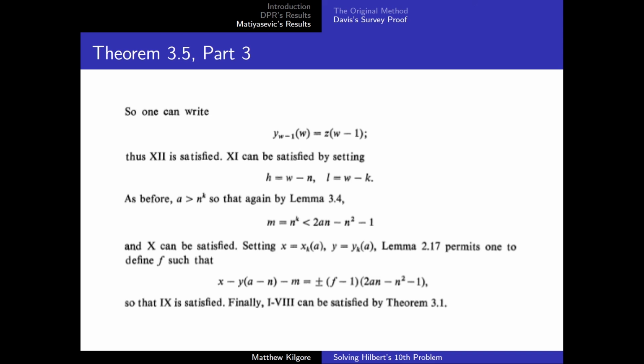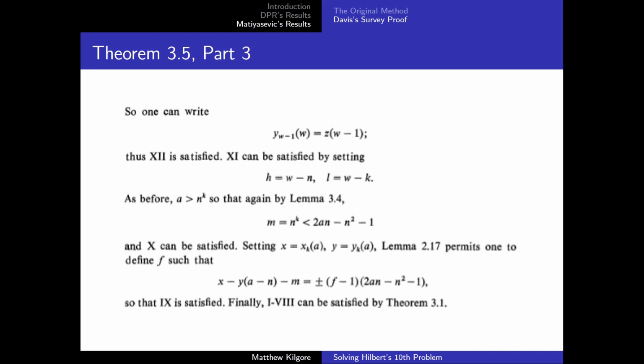Setting x equals x_k and y equals y_k, by lemma 17, it allows us to choose f such that x minus y times the quantity a minus n, and the quantity minus m, equals plus or minus f times the quantity f minus 1 times the quantity 2an minus n squared minus 1. Thus now I've satisfied all solutions for the first stage, followed by theorem 3.1.